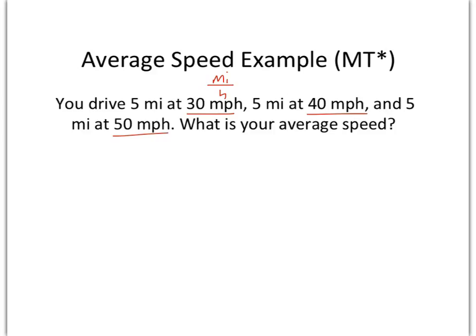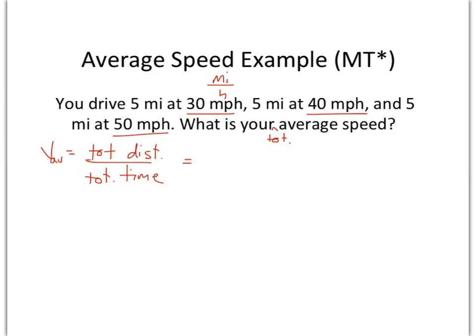What is the total average speed for that trip? Recall from a slide ago, we said average speed is the total distance over the total time. So we can start writing that out.